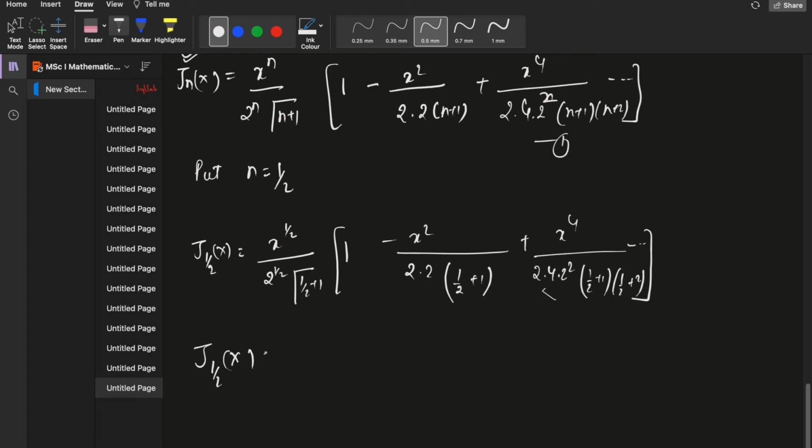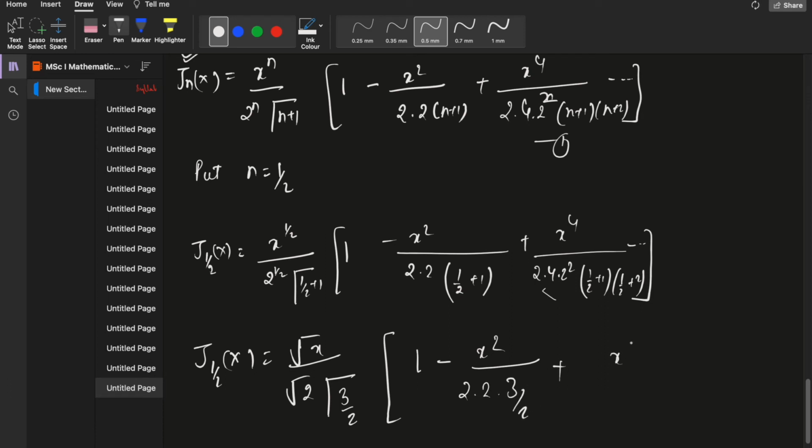J half x will give me root of x, this is root of 2, this is gamma function 3 upon 2, 1 minus x square upon 2 dot 3 upon 2, plus x to the power 4 upon 2 dot 2, 2 dot 4 dot 2 to the power 2 dot 3 upon 2 dot 5 upon 2.